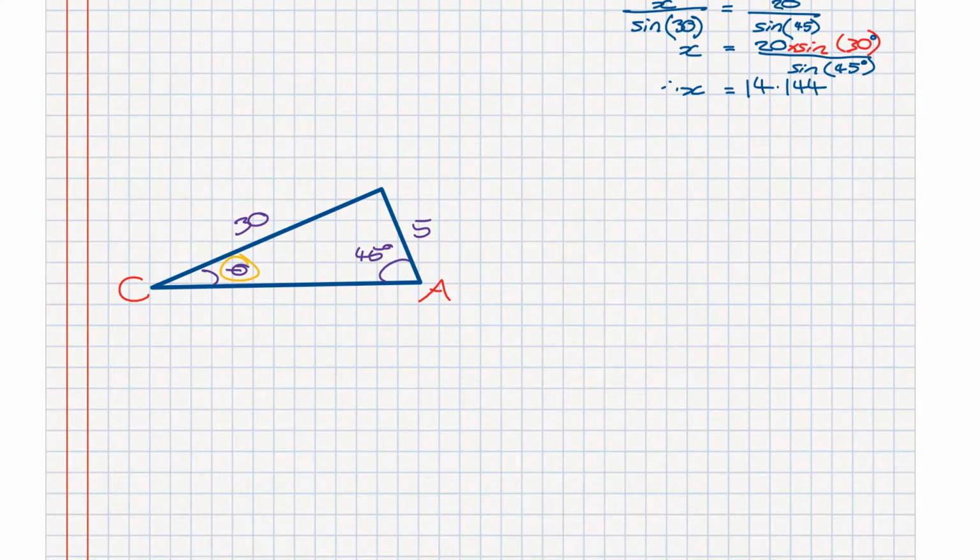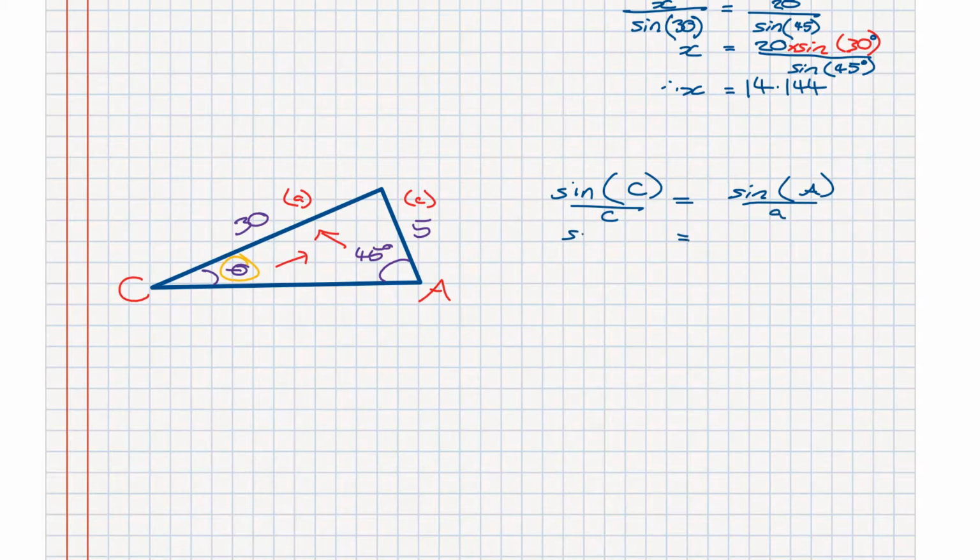Now the side opposite the angle A, we'll call little a, and the side opposite angle C, we'll call little c. Using the sine rule, we can say that sine C over little c is equal to sine A over side length a.